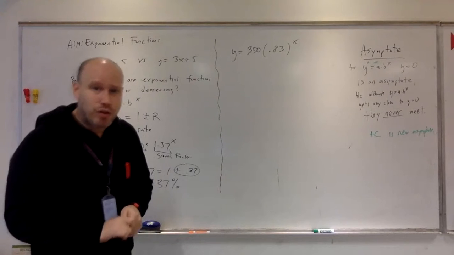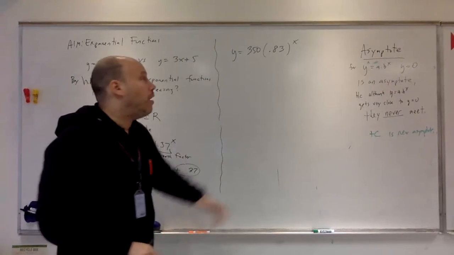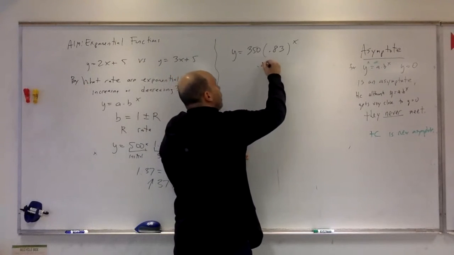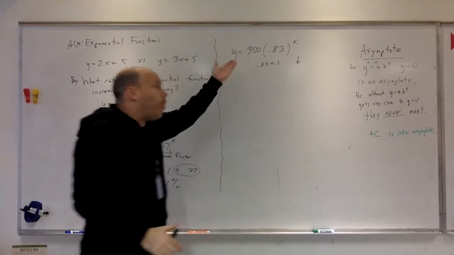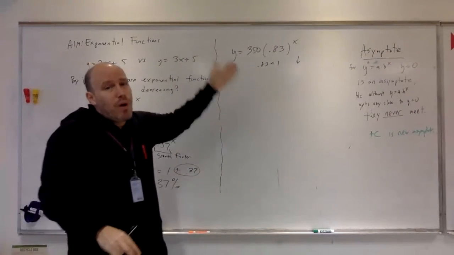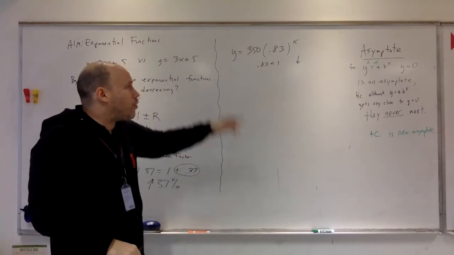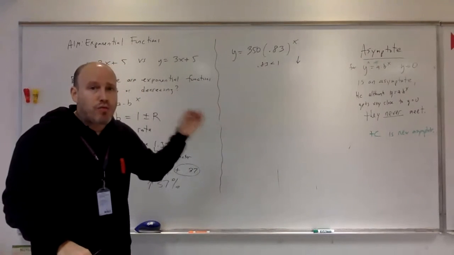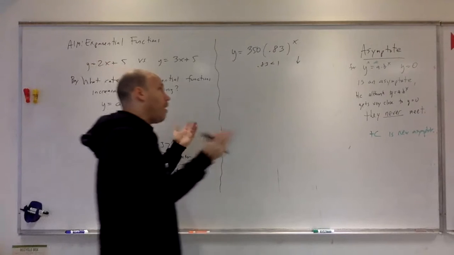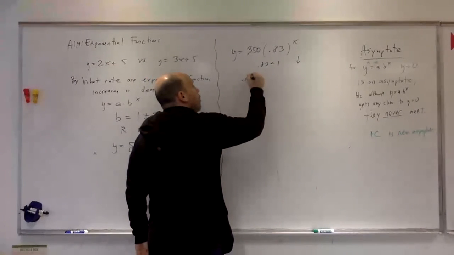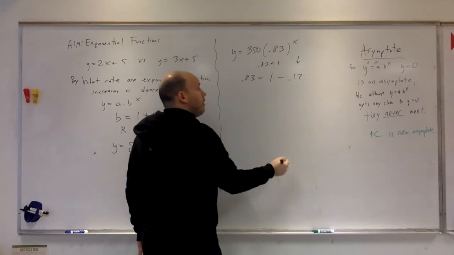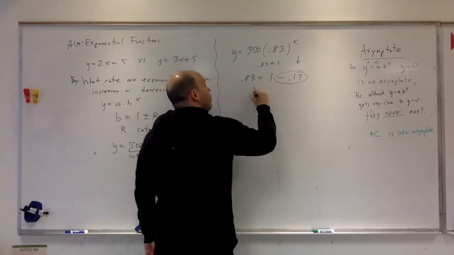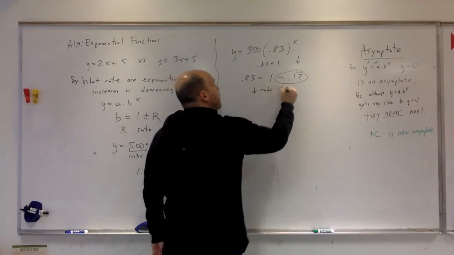Well, is this population increasing or decreasing? And you'd say, well, because 0.83 is less than 1, it's decreasing. I just want to know, at what rate are these rhinoceroses decreasing? You'd say, okay, I know that 0.83 is equal to 1 minus 0.17. Therefore, it's decreasing at a rate of 17%.